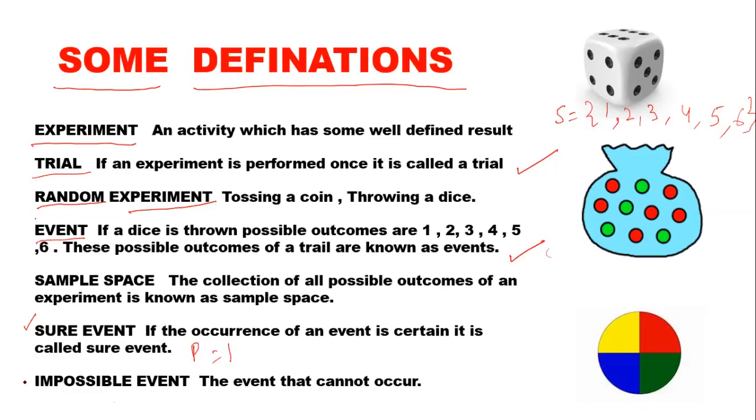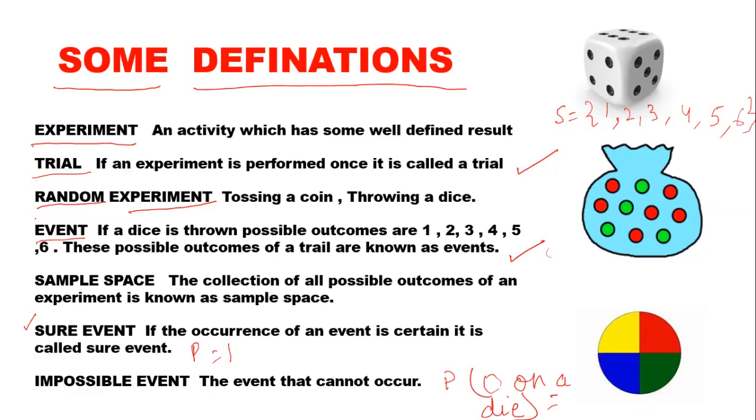Impossible event. Let me give you an example of an impossible event. Getting 0 on the die. Can we get 0 on the die? We don't have any outcome 0 on the die. So what is the possibility of getting 0 on a die?